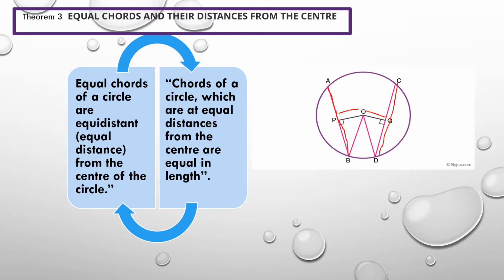The converse is also true. Chords of a circle which are at equal distance, that is OP equal to OQ, must be equal in length, that is AB must be equal to CD.